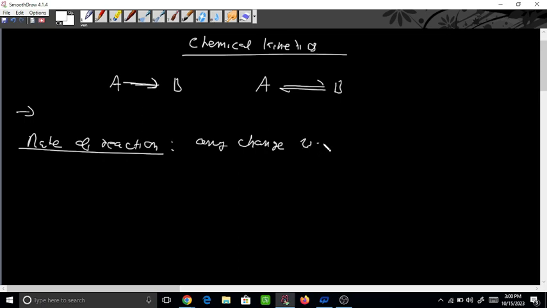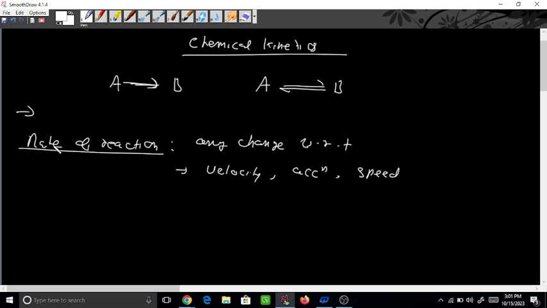Like if we are talking about velocity, it is the rate of change of distance with time. Then we have acceleration, the rate of change of velocity with time. Then we have speed also. These are some changes with respect to time.